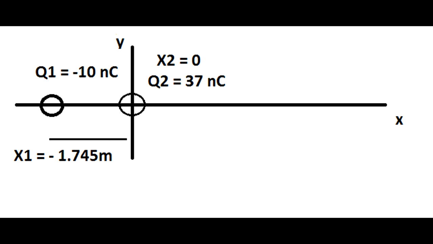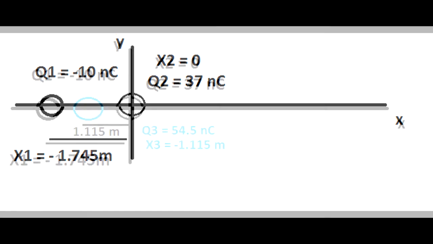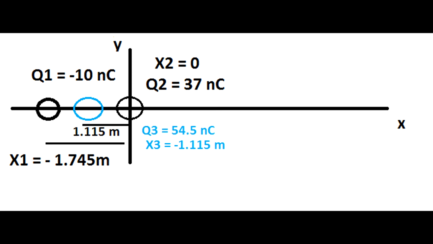Q2 is 37 nanocoulombs. Now Q3 is between Q1 and Q2. Q3 is 54.5 nanocoulombs and it's placed on the negative x-axis at negative 1.115 meters. It's in blue.